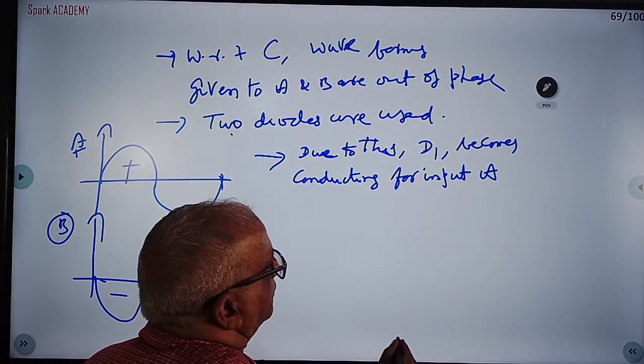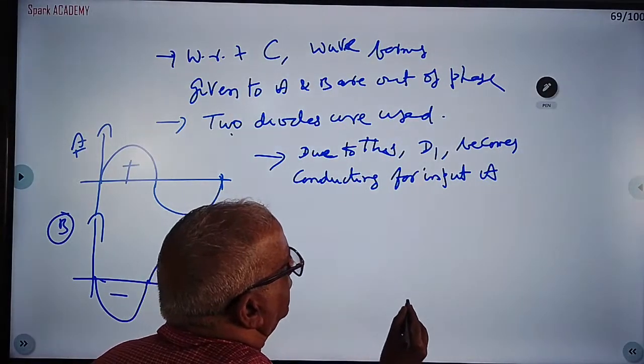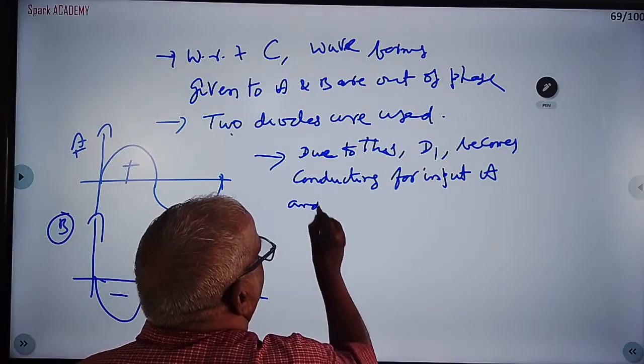Diode D1 becomes conducting for input A, and diode D2 will become reverse biased.